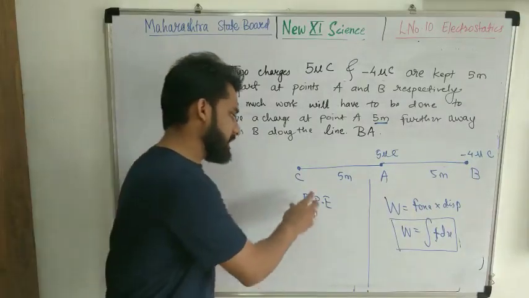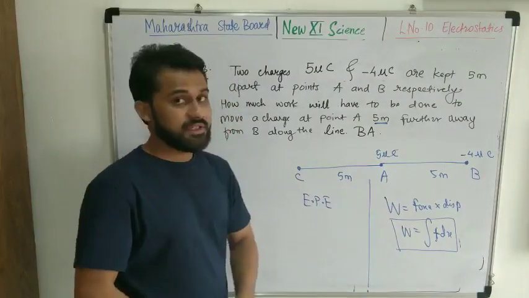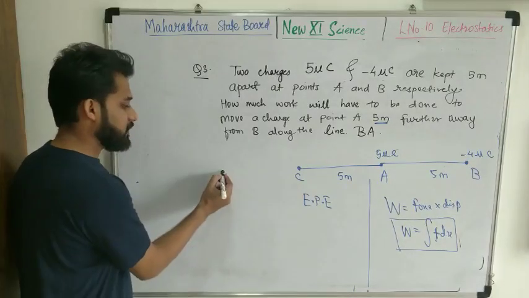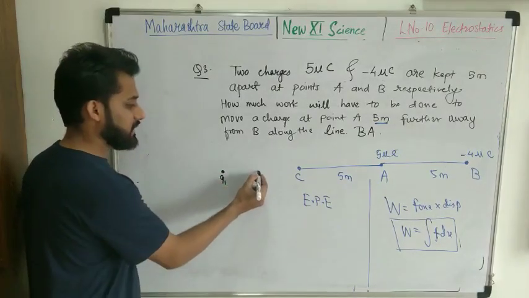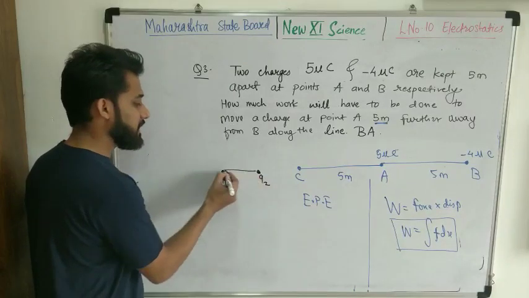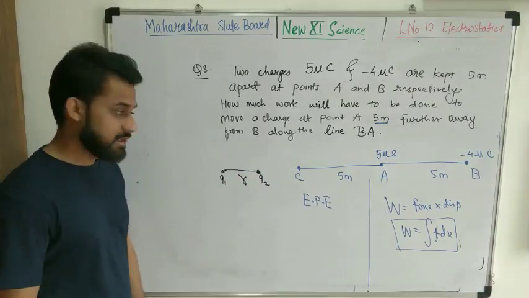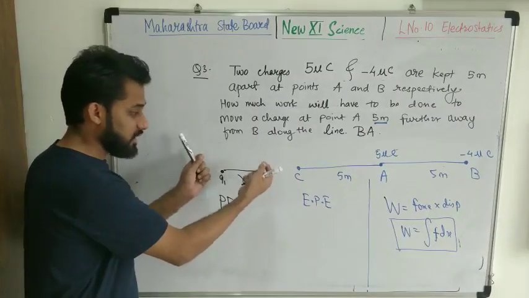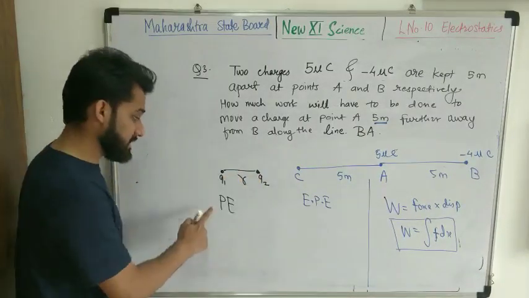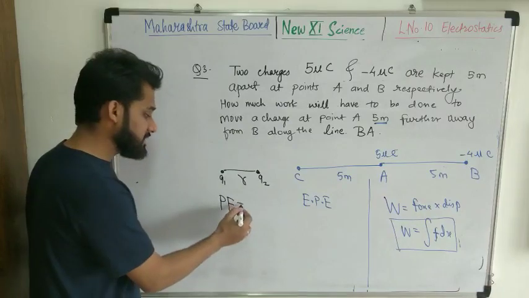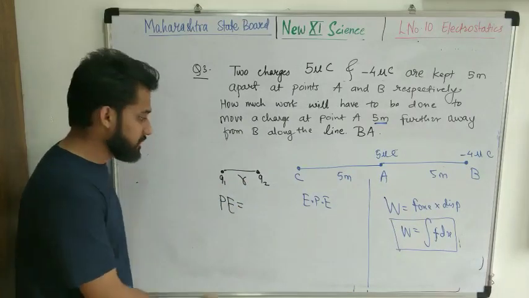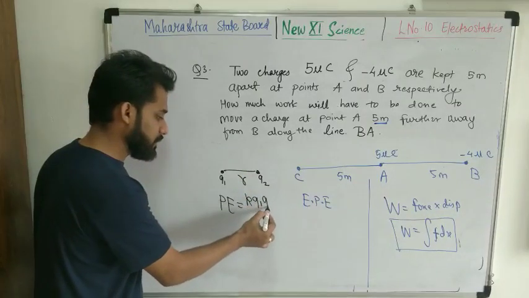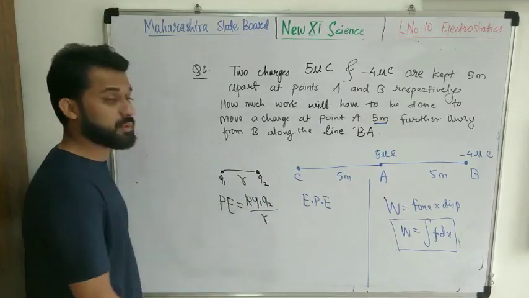This concept of electrical potential energy is covered in the theory section, and it states that if there are two charges, charge Q1 and charge Q2, separated by distance r, then the energy stored in the system of these two charges, that is electrical potential energy, is given by the formula K times Q1 Q2 over r, not the square.